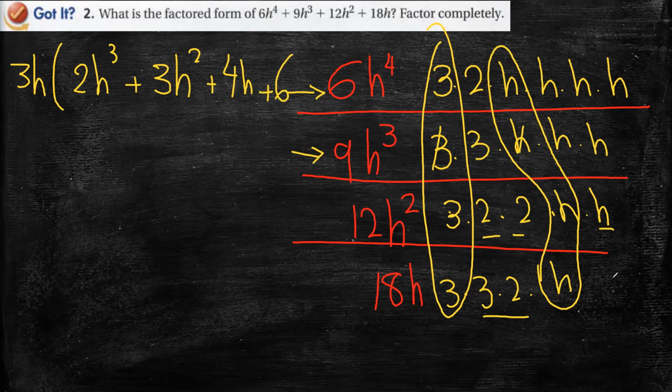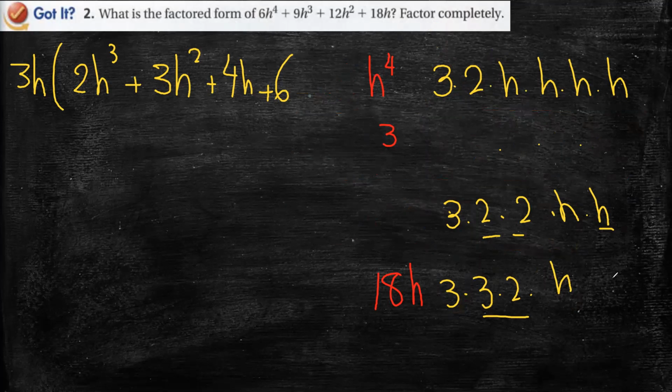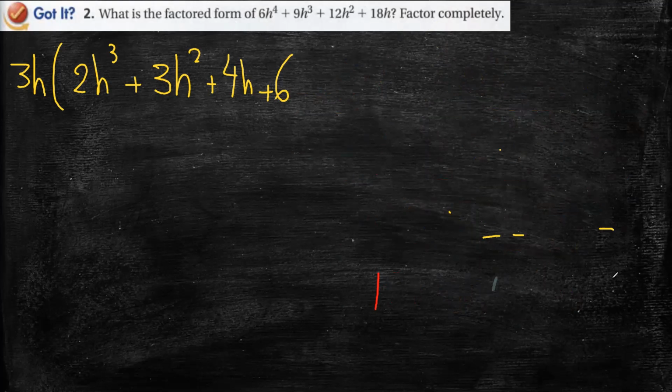This is what we find if you find the greatest common factor of them. After that, now we have a cubic polynomial.